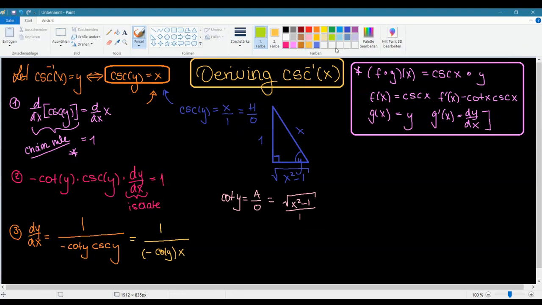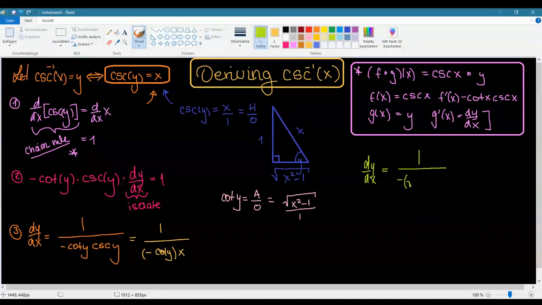So we have our solution already when we look at this, because dy by dx equals 1 over negative square root of x squared minus 1 times x.